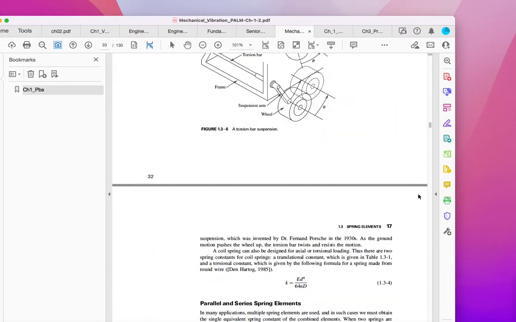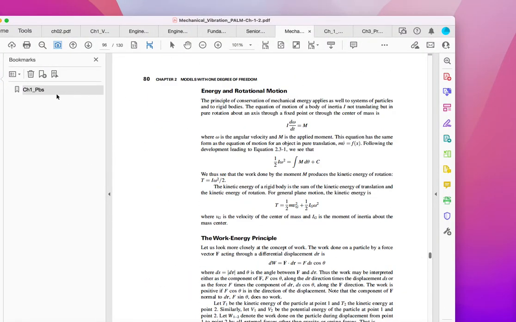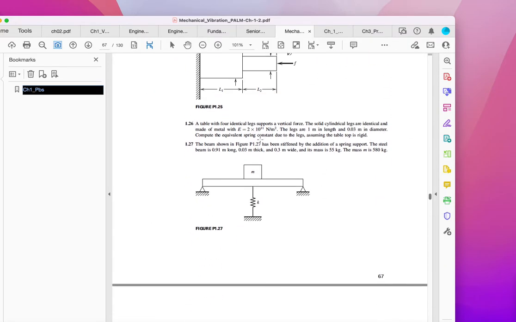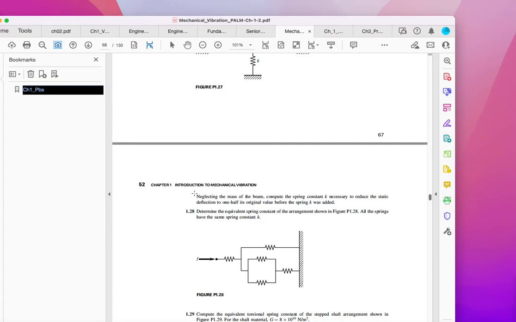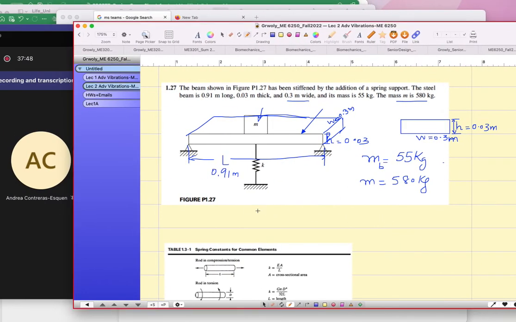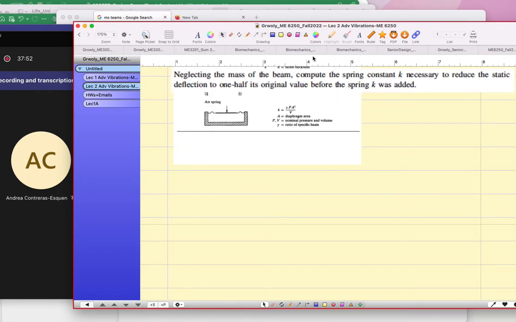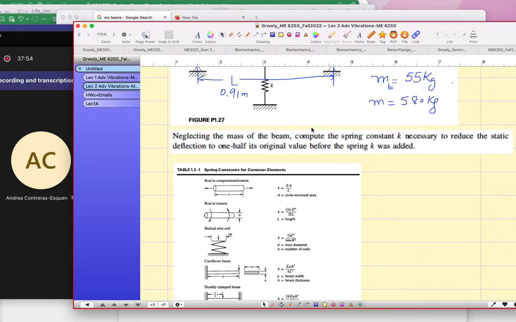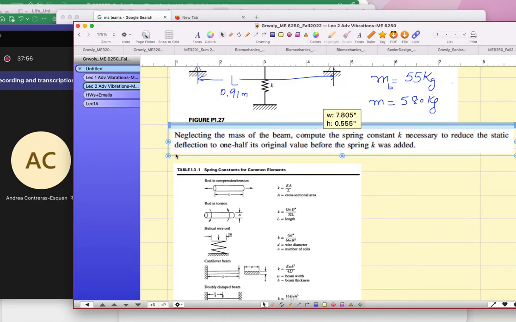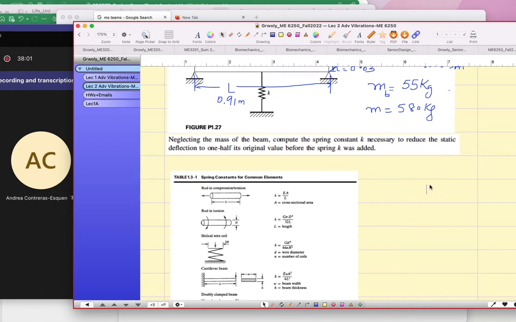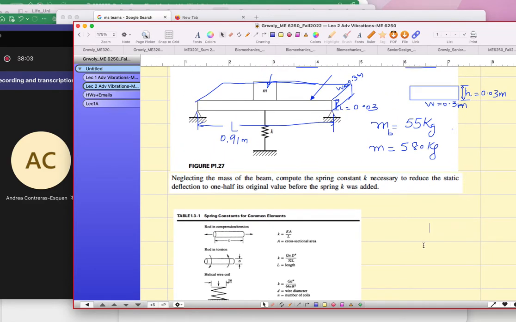What are they asking? Neglecting the mass of beam. So he's telling us, do not include the mass of the beam.